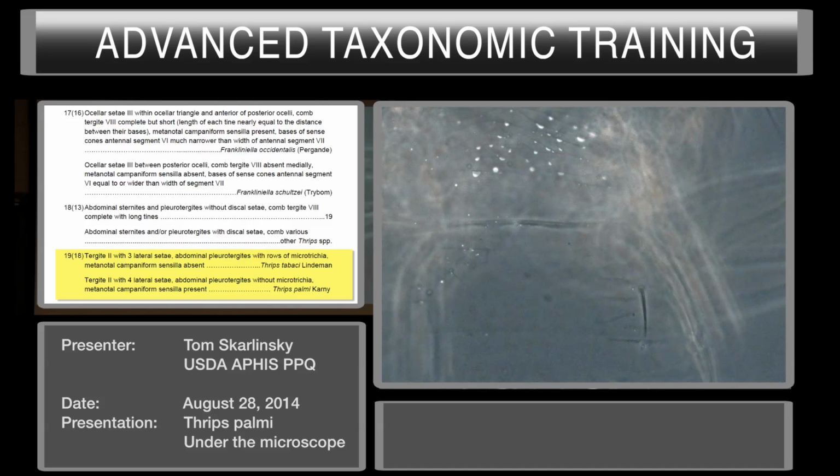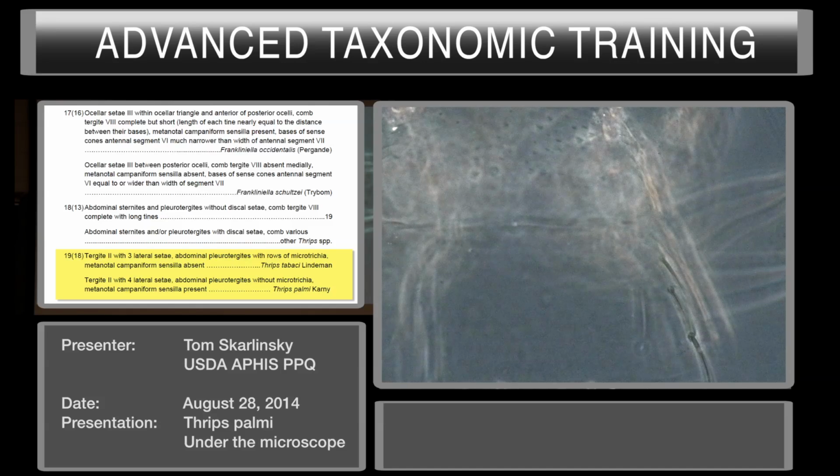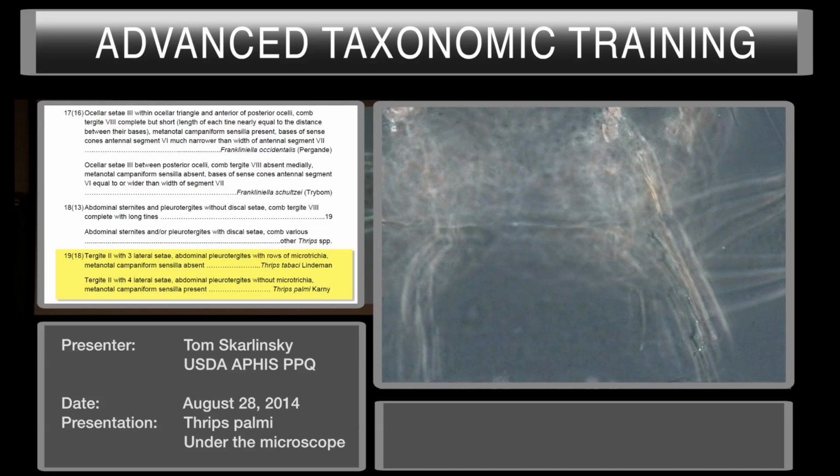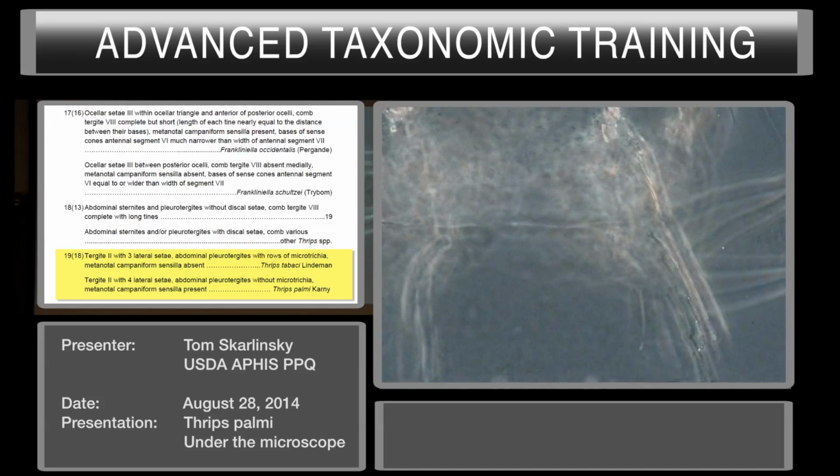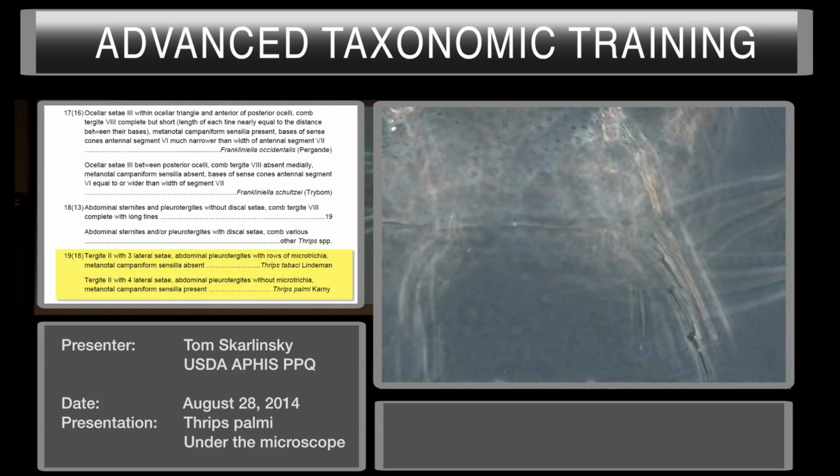What we're looking for is how many lateral CD there are. So we have to adjust our focus, and we can see 1, 2, 3, 4. So we have 4 lateral CD. Let me check again: 1, 2, 3, 4. So we have 4 lateral CD.